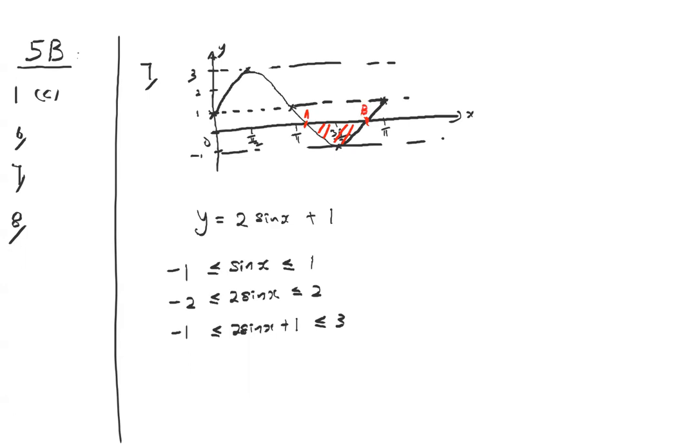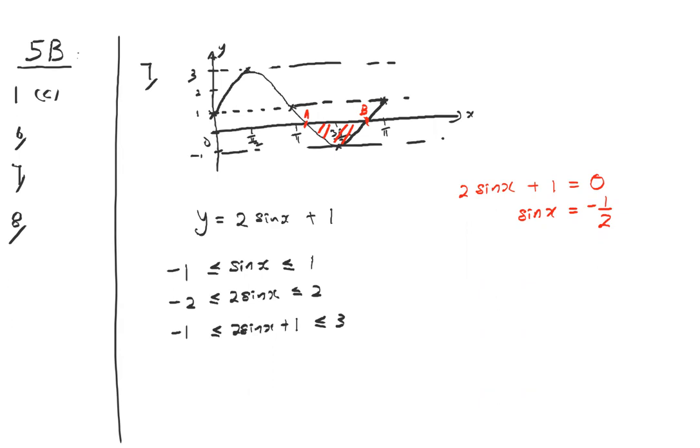Okay, so I'm going to do it algebraically to show you how to get the exact value of the coordinates of x of point A and point B. Okay, so I will say 2 sin x plus 1 equal to 0. Correct? So sin x equal to -half. Got it? So whenever you have this, we have to go back to our way of doing things.